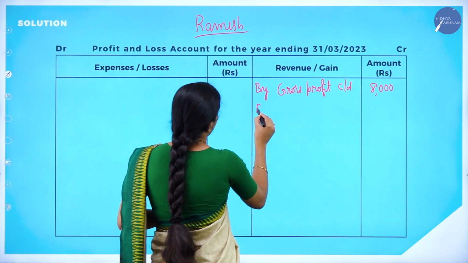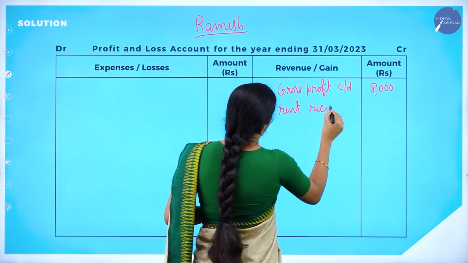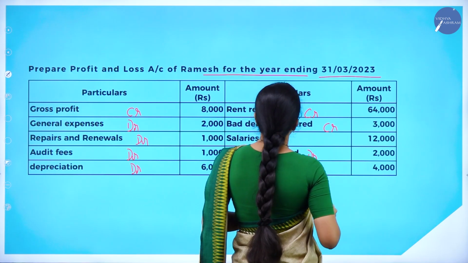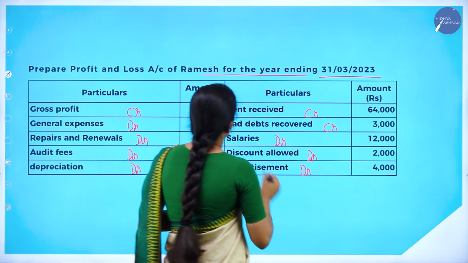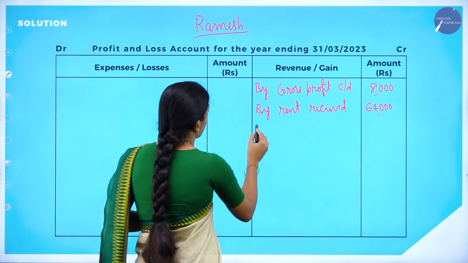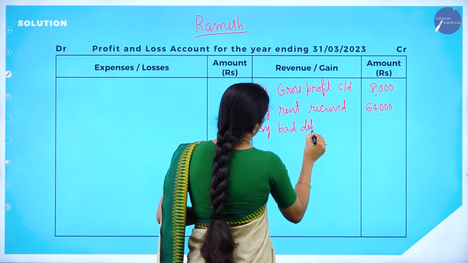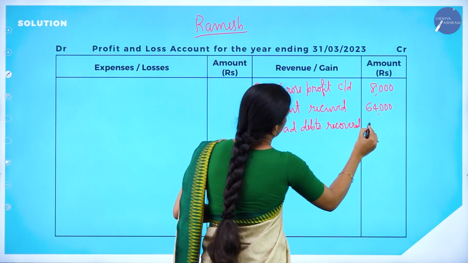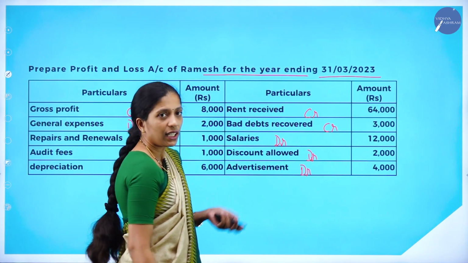So by rent received, and the amount is 64,000. And then we have by bad debts recovered, 3,000. And then we have only 3 items.